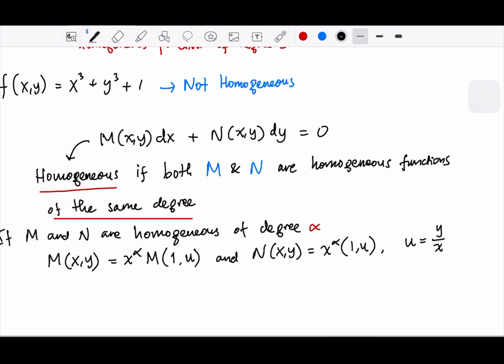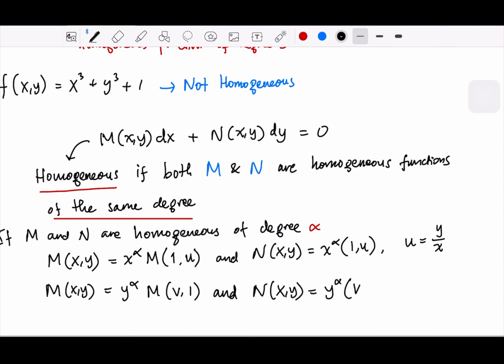Then we have M(x,y) equals y to the power of alpha M(v,1). So we are going to switch the roles, switch the x and y, for N too, where v is x over y.